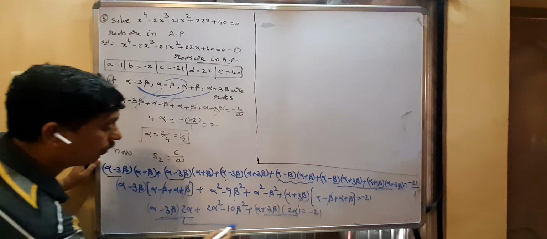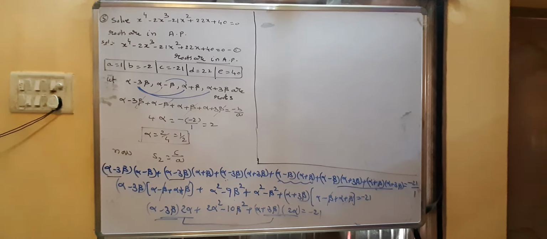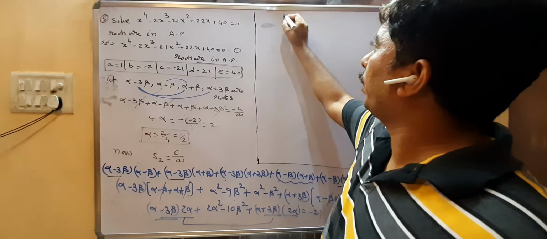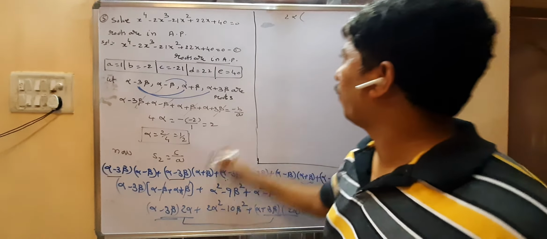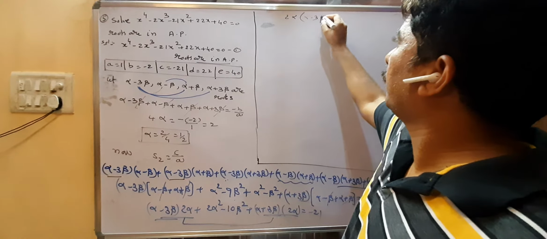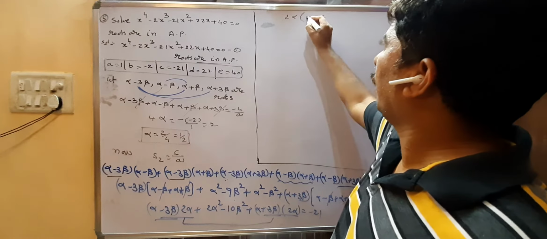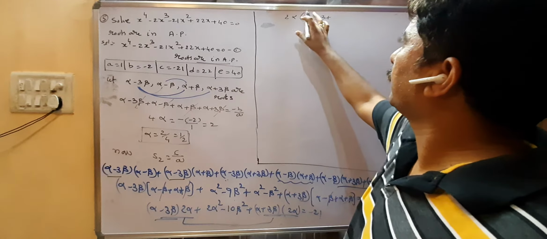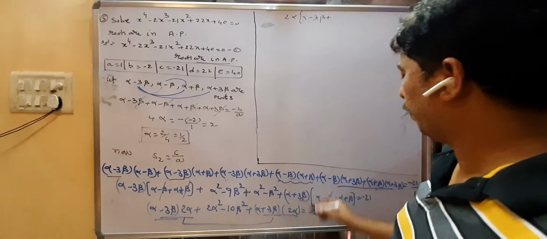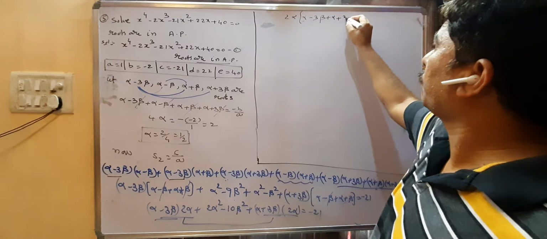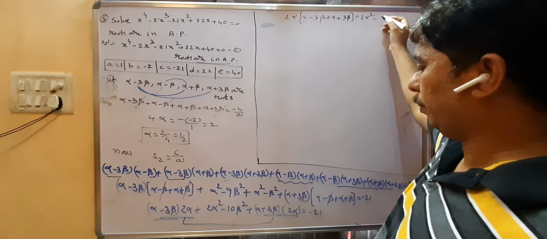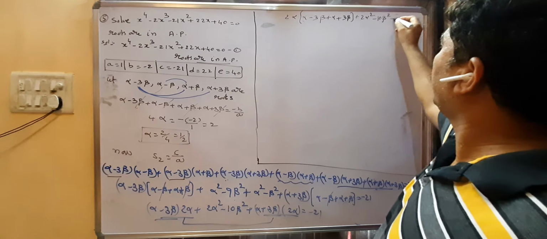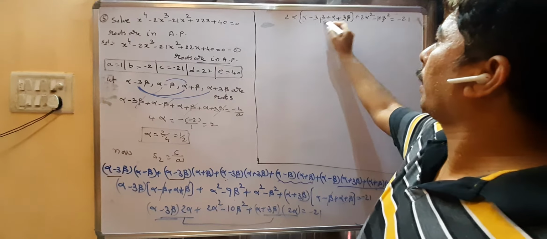From the first and last terms, what is common? 2 alpha is common. If you take 2 alpha common, the remaining is alpha minus 3 beta plus alpha plus 3 beta, into, plus 2 alpha square minus 10 beta square equal to minus 21. 3 beta cancels.